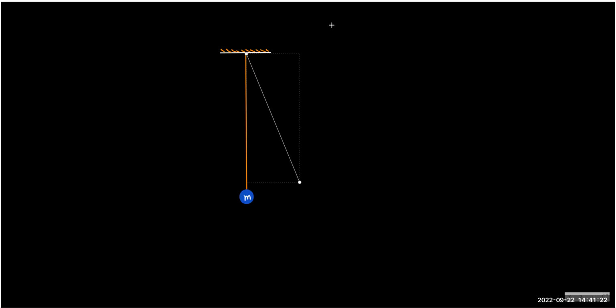For large oscillation, we know it will perform oscillatory motion but not SHM. Why? Because SHM is a mathematical scenario in which the acceleration and the displacement are proportional.